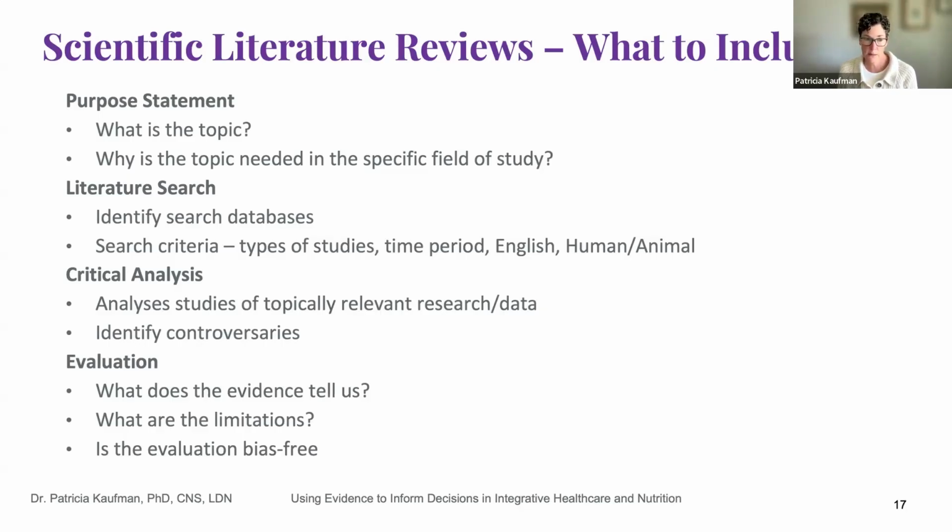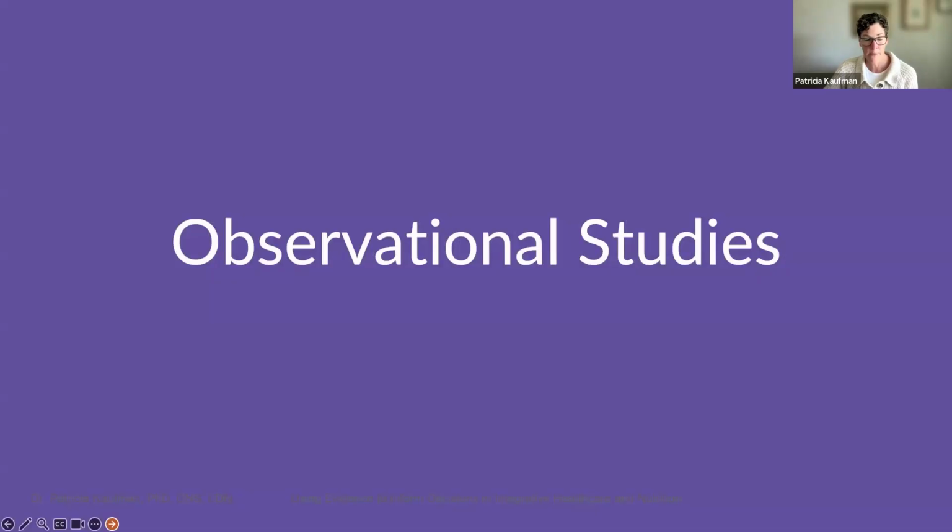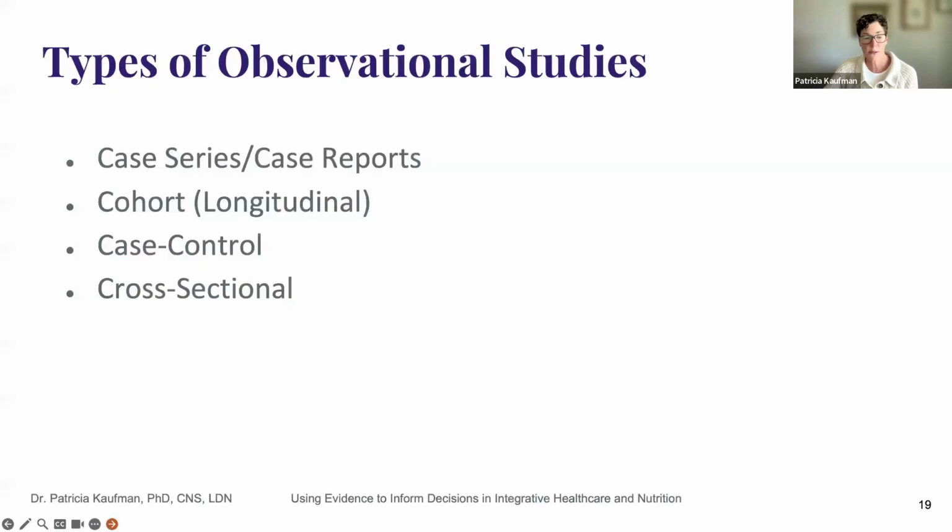We'll see that that happens in systematic reviews. So it gives you a critical analysis of the information. It's evaluating what the evidence tells us, what the limitations are, and then you need to understand if it's bias-free or not.